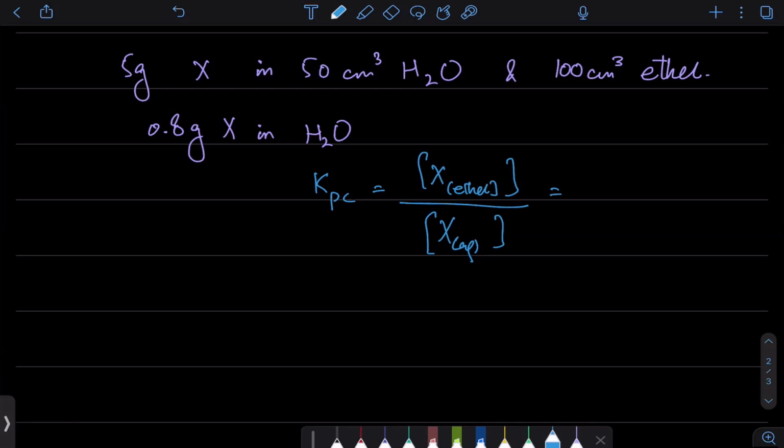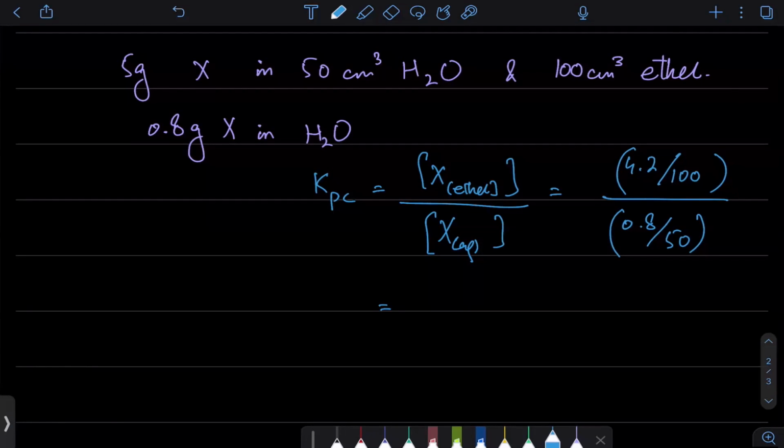So initially I had 5 grams, but out of that only 0.8 remains in water. That means I have 0.8 in 50 cm cube of water and 4.2 in 100 cm cube of ether. And that is telling me what my partition coefficient is.